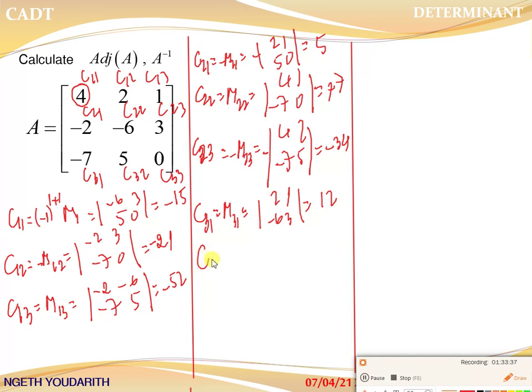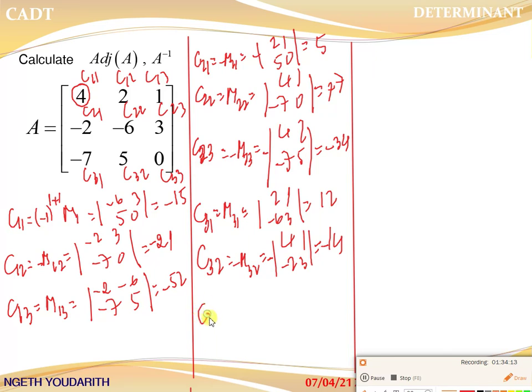And C32 is minus M32 equal M32, 4, 1 minus 2, 3. And we get about this point is 12, 12 plus 2 is 14, minus 14. Because this one is minus.